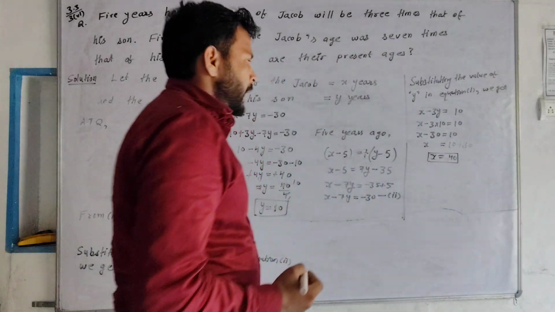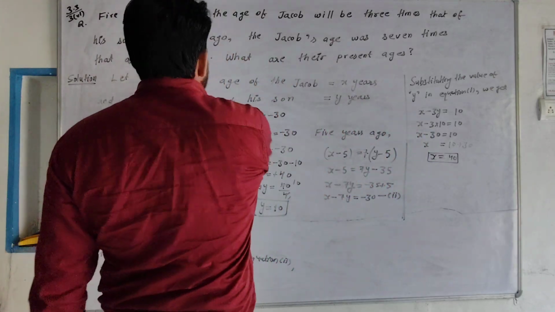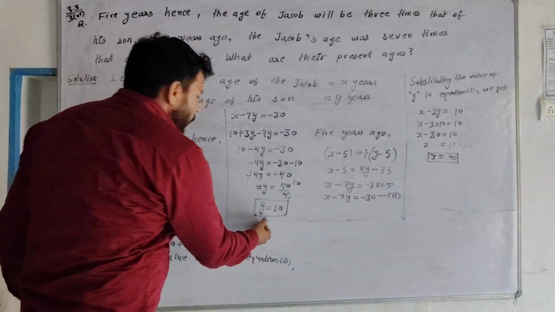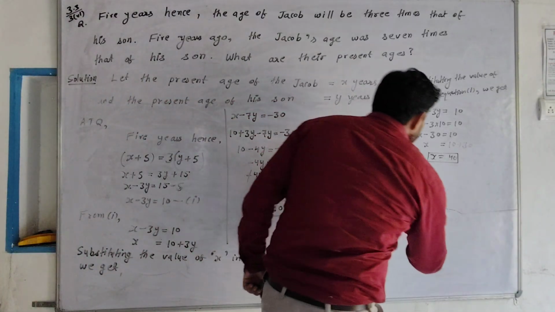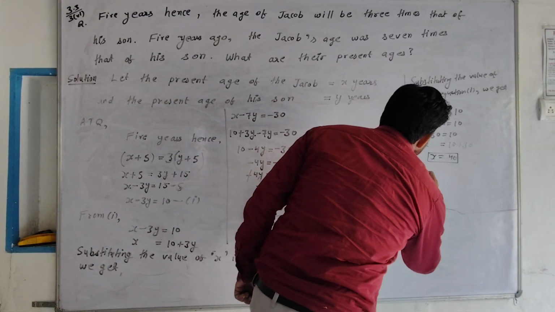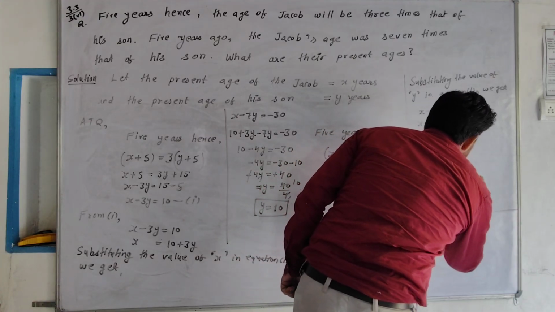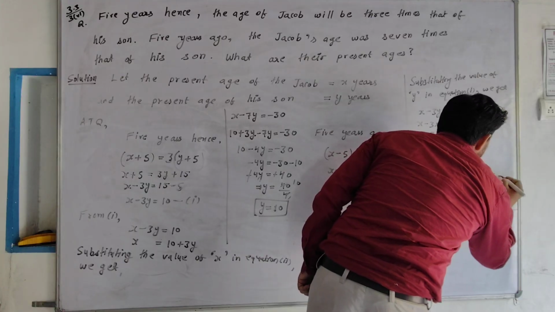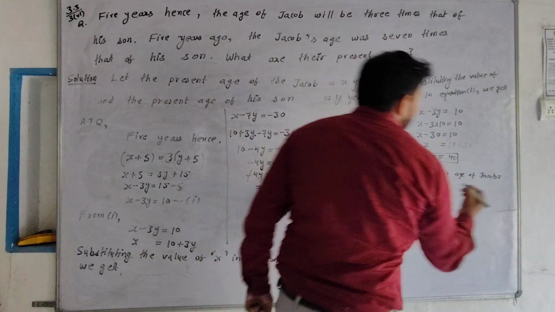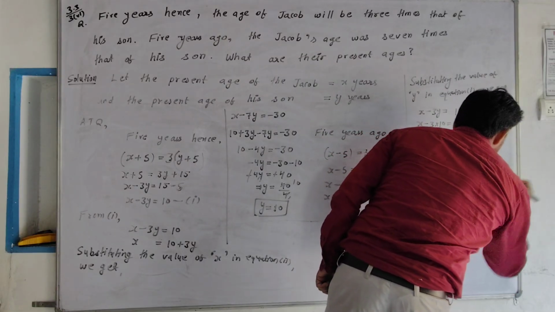Now we conclude that here the value of x is the present age of the Jacob, and the value of y is the present age of his son. Now the answer becomes: the present age of Jacob equal to 40 years.